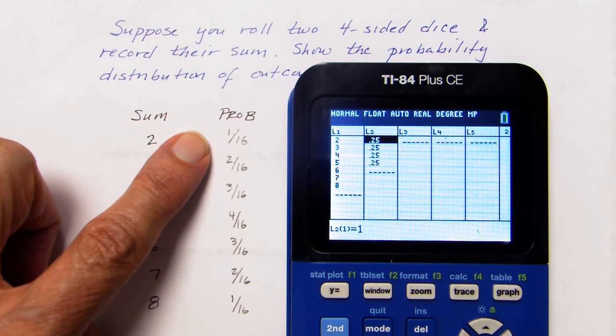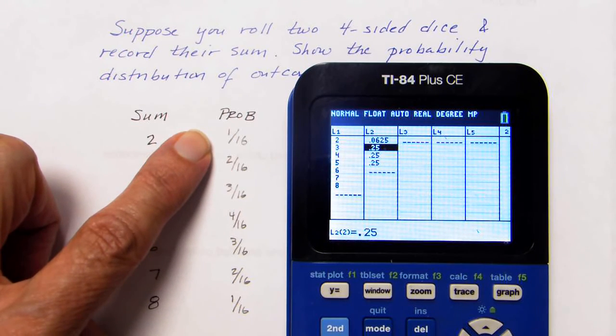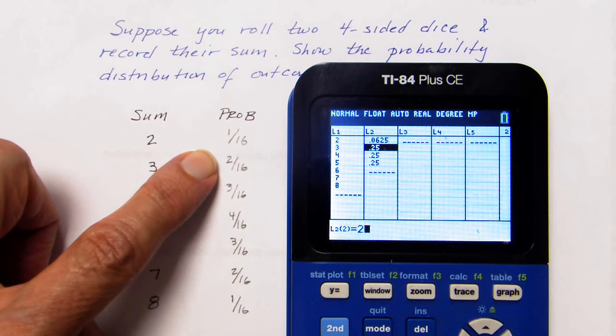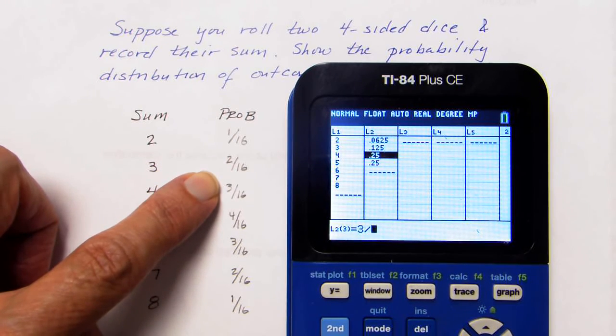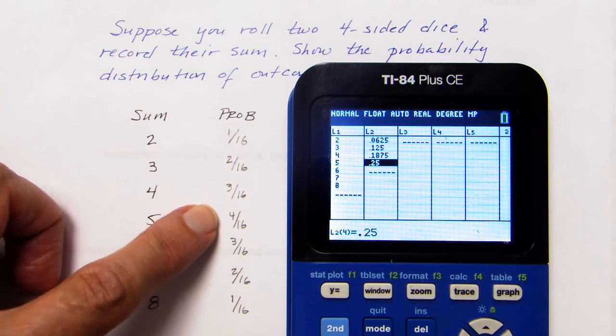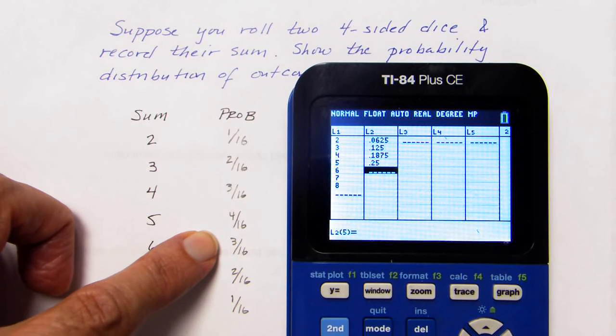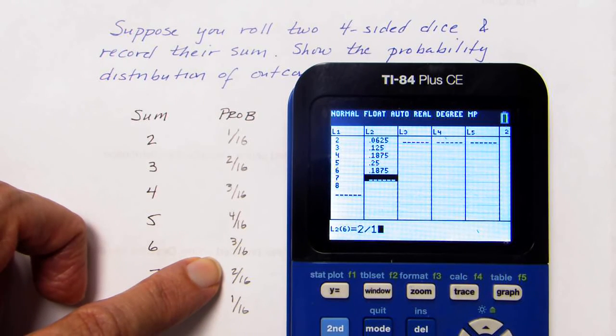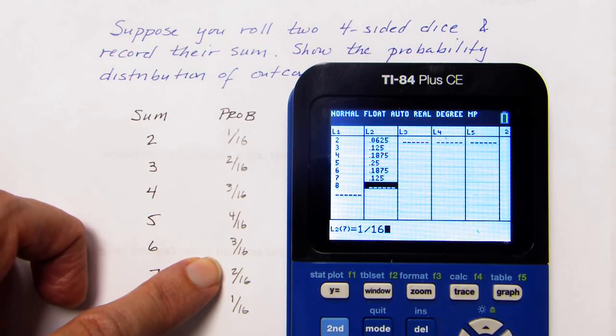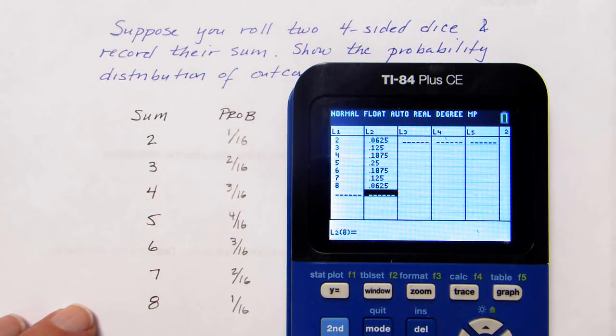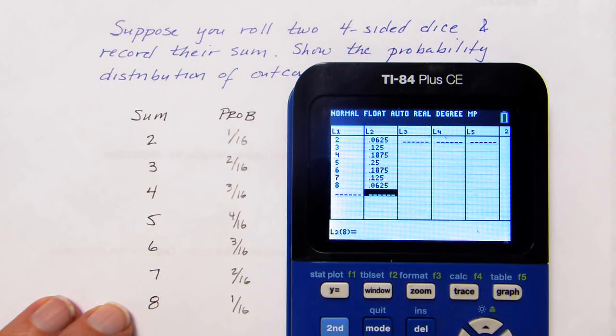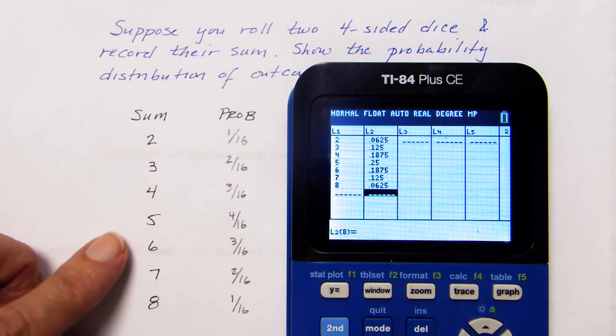If I just do 1 divided by 16, it'll convert it for me. 2 divided by 16, 3 divided by 16, 4 divided by 16, 3 divided by 16, 2 divided by 16, and 1 divided by 16. And so there I have my probabilities to go along with my outcomes.